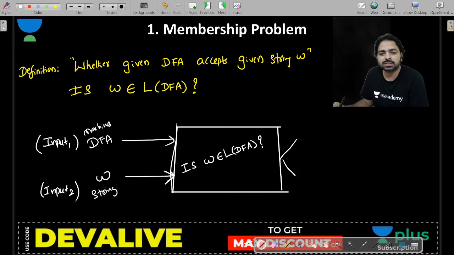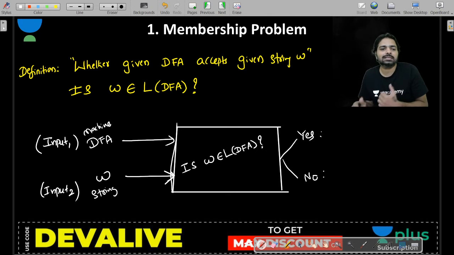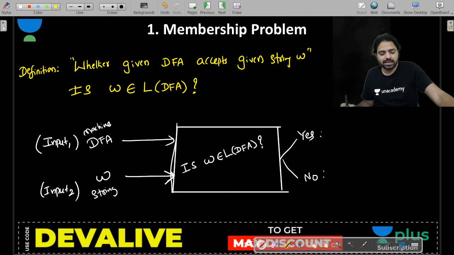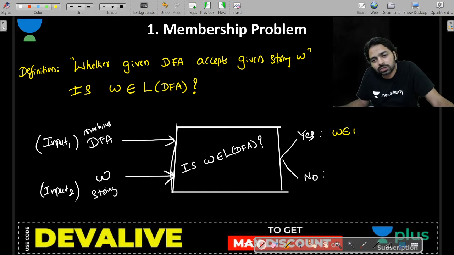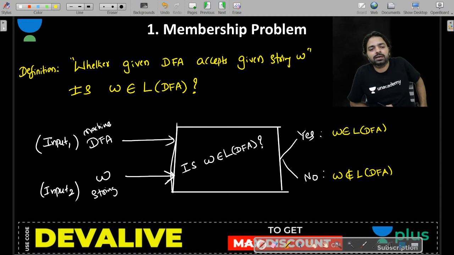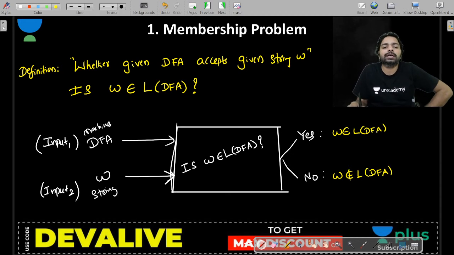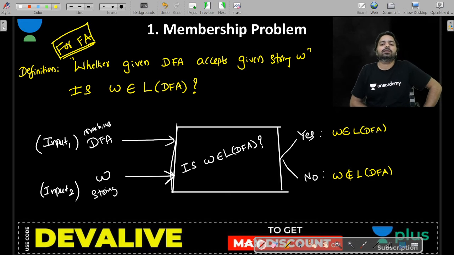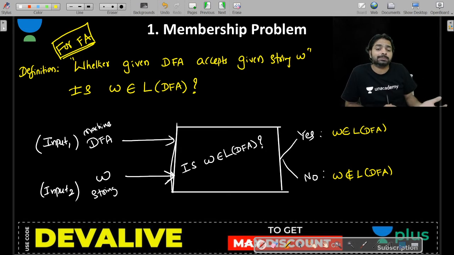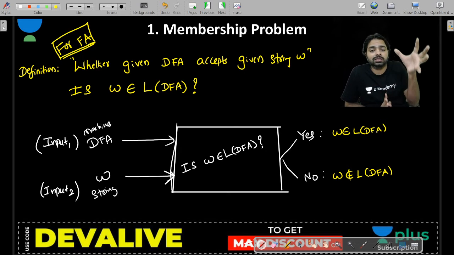We may get two answers, either yes or no, one at a time. If I say yes, it means W belongs to L of DFA. If I say no, it means W is not accepted by the DFA. Then we need to interpret them properly. This is the membership problem for finite automata. Only for finite automata I am explaining, guys. For DFA, for NFA, for regular expression, for regular grammar, for regular language, you can define this.